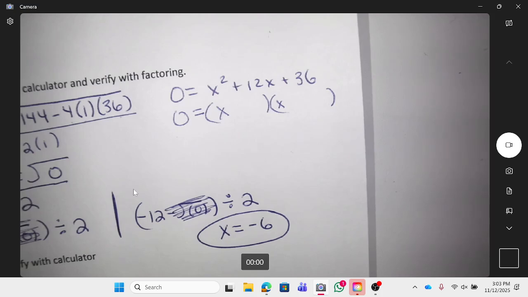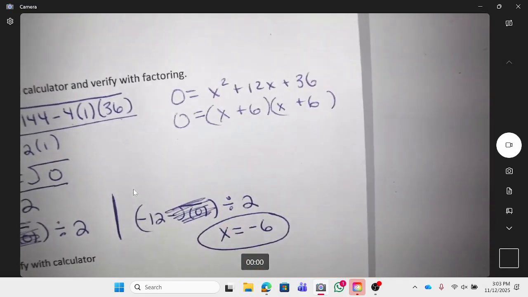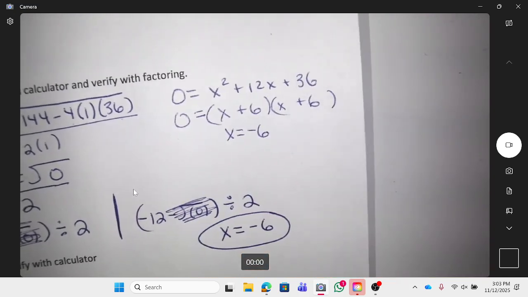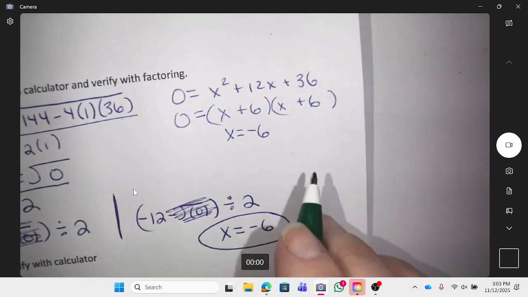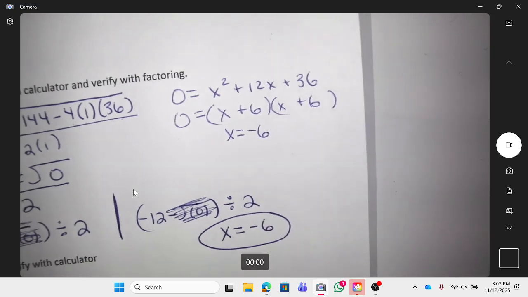You got two numbers that would multiply to 36 and add up to 12. Plus 6 would, 6 times 6, 6 add 6. So what's the solution for x? Negative 6. Also here, negative 6.